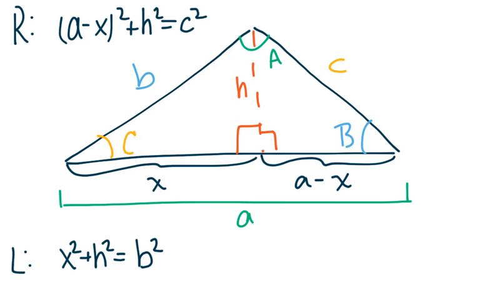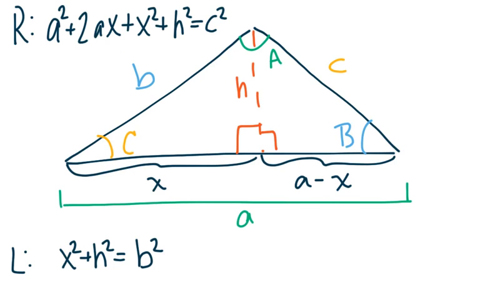Now, for this right-hand triangle, I'm going to expand this squared binomial, and I get a squared minus 2ax plus x squared plus h squared equals lowercase c squared.